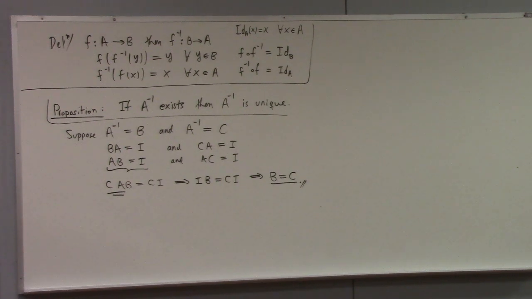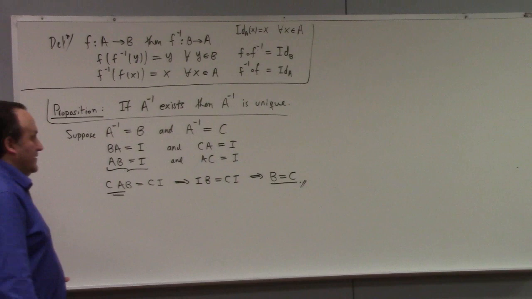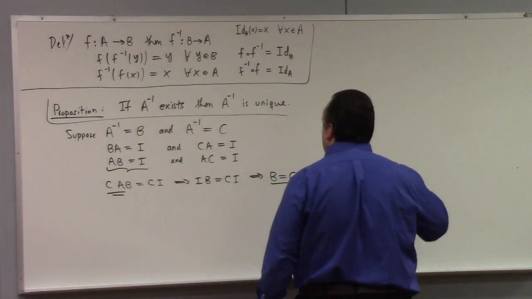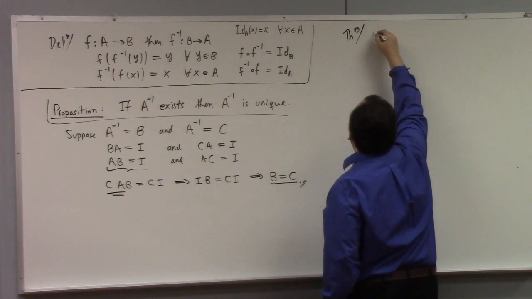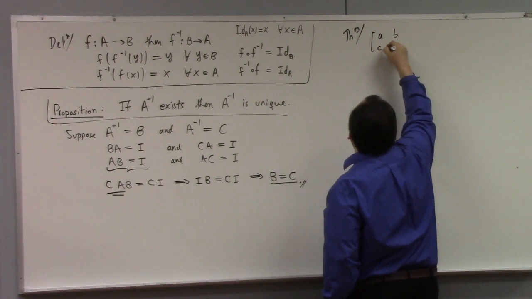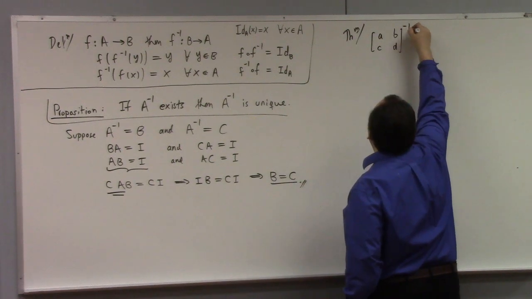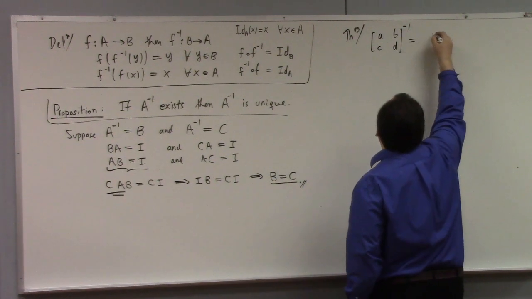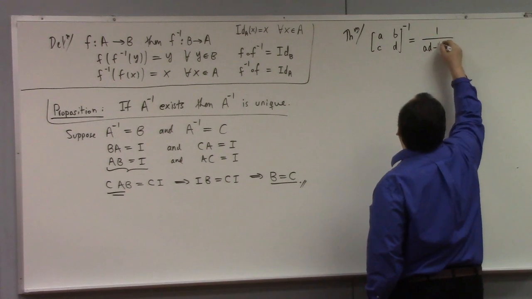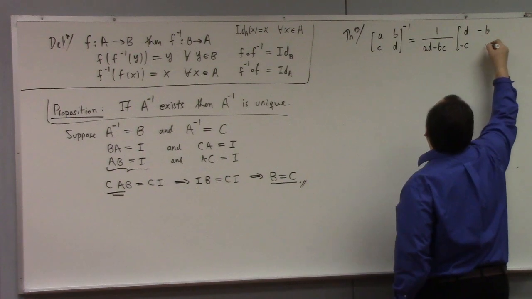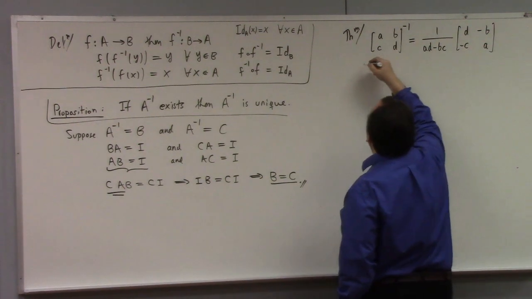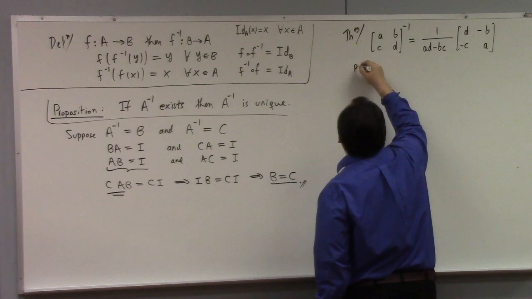Now, to help you with the homework problem, let me go over something I share with all my calculus classes. If you've had a calculus class with me, you've already seen this. But there is a wonderful formula for the 2 by 2 matrix. If you've got a matrix A, B, C, D, and you want to talk about the inverse of that, it is equal to 1 over AD minus BC times D, minus B, minus C, A, provided what?